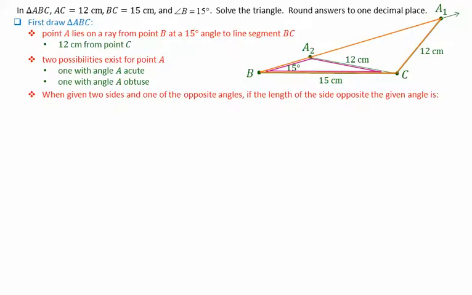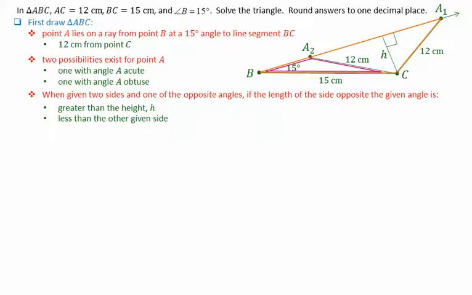When you're given two sides and one of the opposite angles, if the length of the side opposite the given angle is greater than the height, as shown in the diagram, note that the height in this case will be equal to the other side times sine of the angle, in this case 15 times sine 15 degrees, and it's got to be less than the other side given.